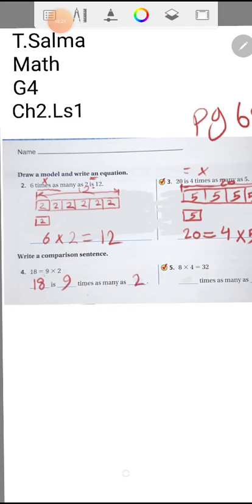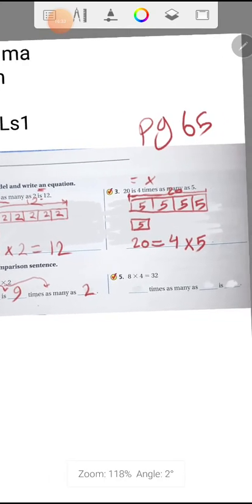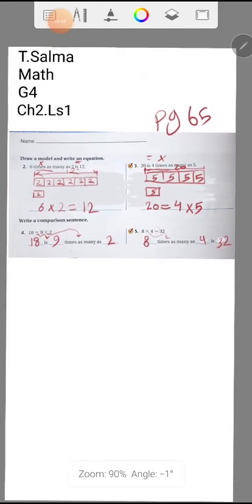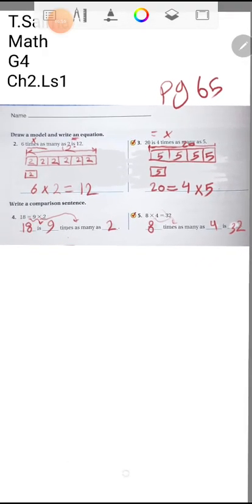Here you convert each symbol by using the word. So that's number 5. 8 multiply 4 equals 32. This multiplication means times as many as, so that means 8 times as many as 4 is, meaning equals, 32. So this is our lesson today. I hope that you understand it very well, and thank you.